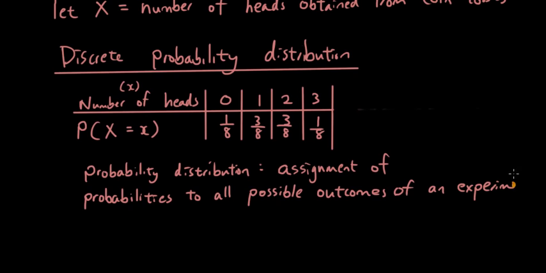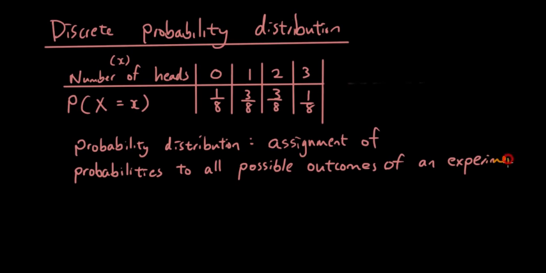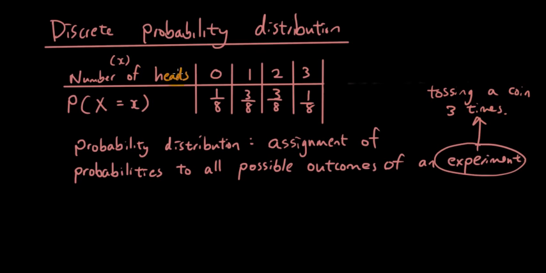So let's say we have an experiment right here, and the experiment is that we're going to toss a coin 3 times. So the experiment right now is tossing a coin 3 times, and here are our possible results, right? If you toss a coin 3 times, you could end up with no heads, 1 head, 2 heads, or 3 heads, depending on how lucky you are. So these are the probabilities of getting these numbers of heads.